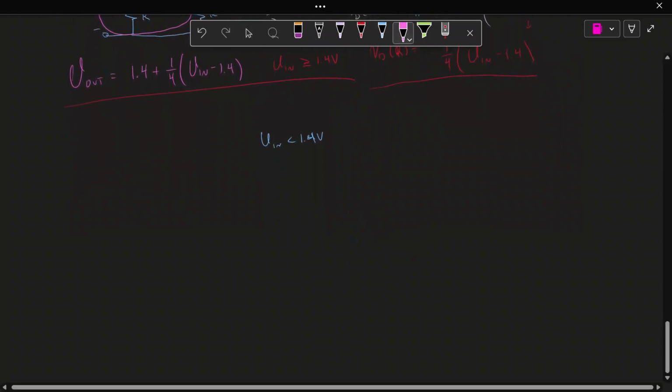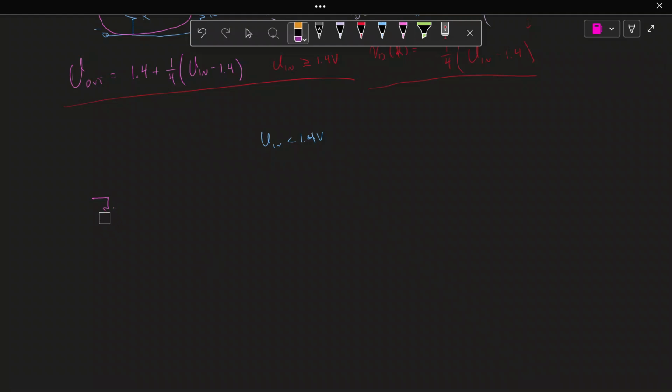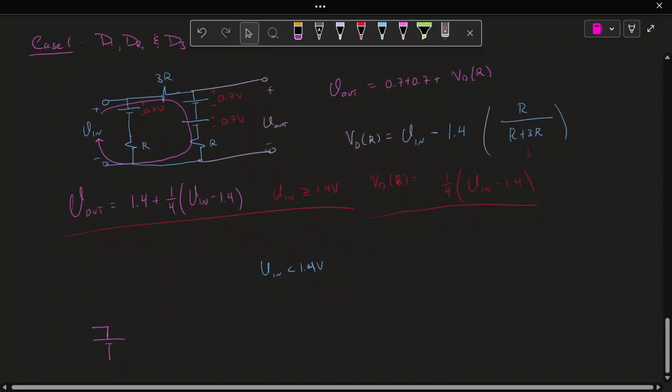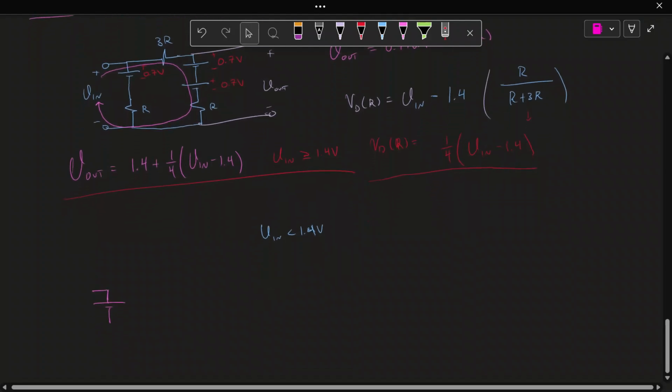I'm going to try and make this quick because I don't want to take too much of your time. And by the way, because these have different branches, the voltage across them will stay the same. Remember that.